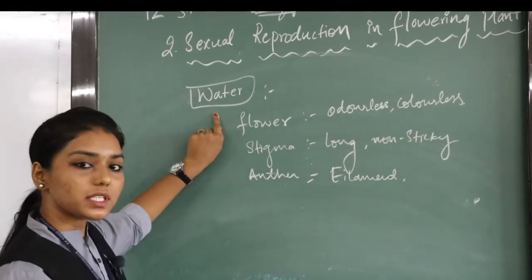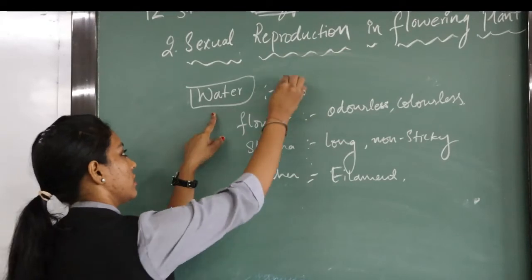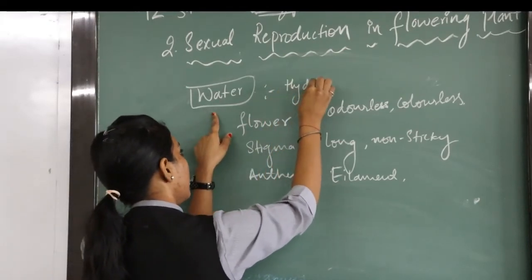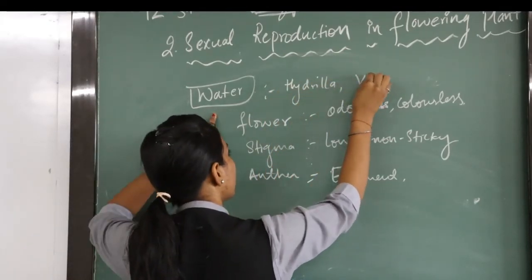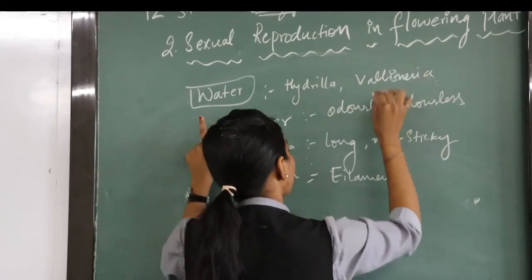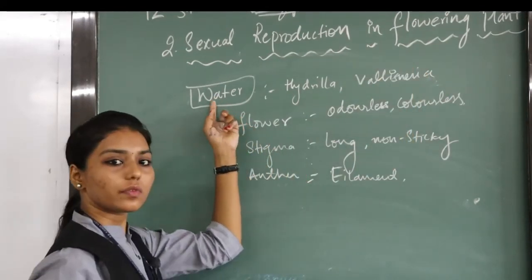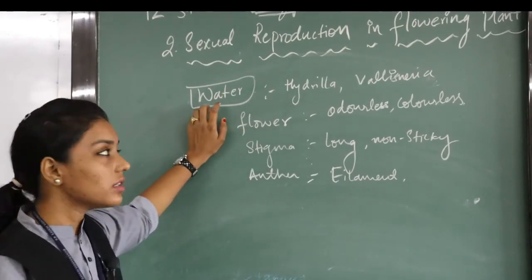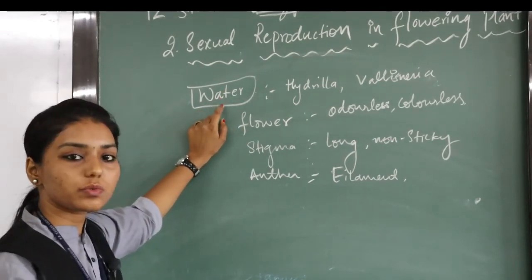For water we have seen examples such as Hydrilla and Vallisneria. These are the two basic examples where water is the agent.